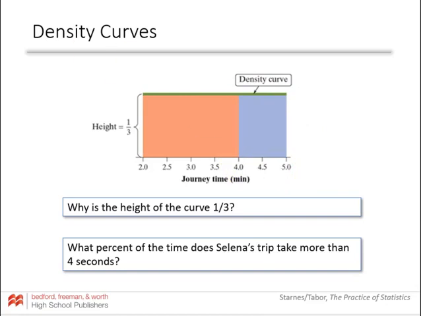Because the curve is a rectangle, unlike the normal curve, I don't need a big table or a fancy calculator. I can literally just find the area of this blue rectangle. It has a length of 1 second and a height of 1/3. So 1 times 1/3 would be 1/3, or 33.3% of the time.